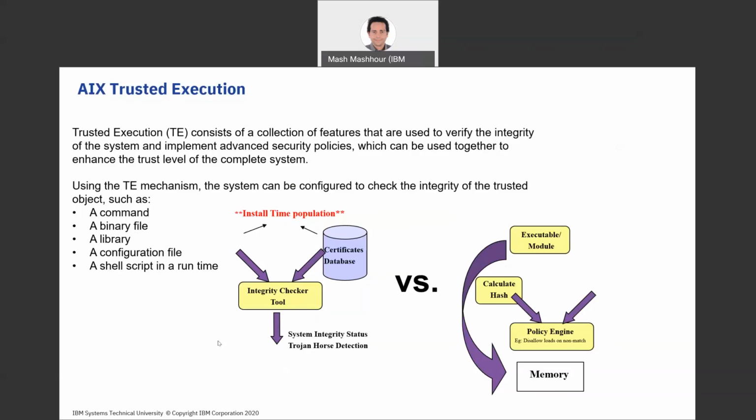So to avoid Trojan horses, a binary file, either a library file, a configuration text file, or a script at runtime, everything you can check. It refers to a certificates database, which we call the trusted signatures database. So it works to avoid Trojan horses, for example.